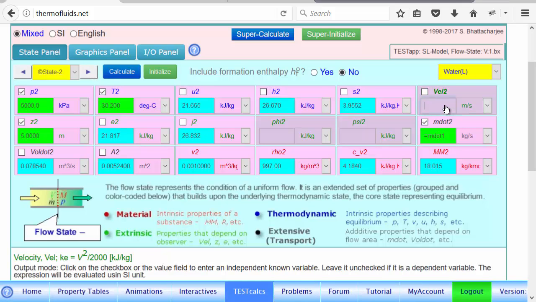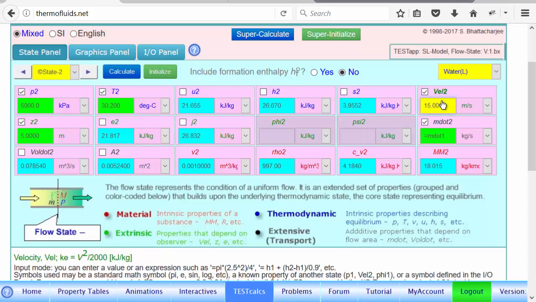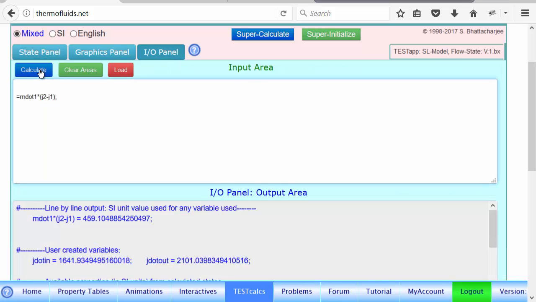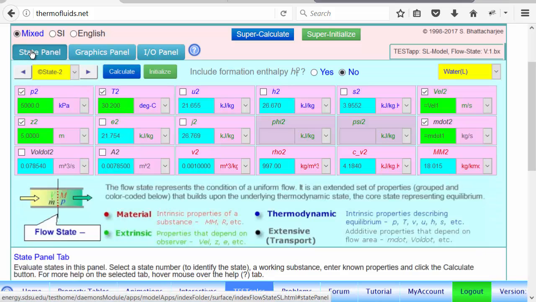So we set velocity to 0 and, oh sorry, not 0, there is no change in velocity, so we can set velocity equal vel1 and calculate the state. Go back to the I/O panel, and now if you calculate, you'll notice that the amount has only slightly changed, 454 from 459. Percent wise, it's almost nothing. So the kinetic energy has very little contribution.